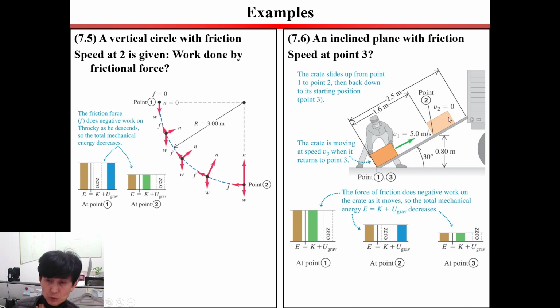But if we measure the returning speed at the initial position, and the speed is, for example, 4 meters per second, then we can calculate how much energy is lost by frictional force between the surface and this object. So that's what it explains.